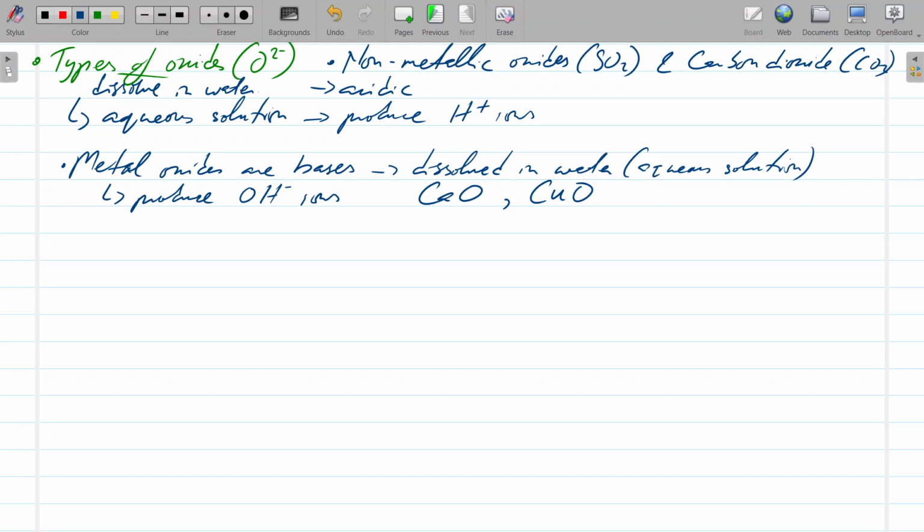Then the third type of oxides, which are rare, are amphoteric oxides.